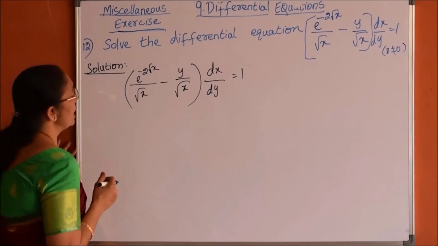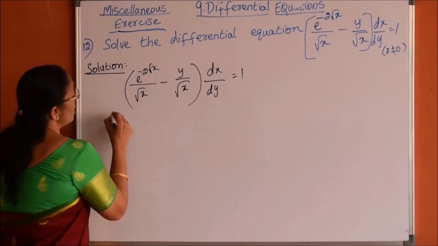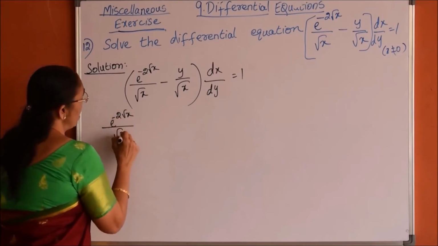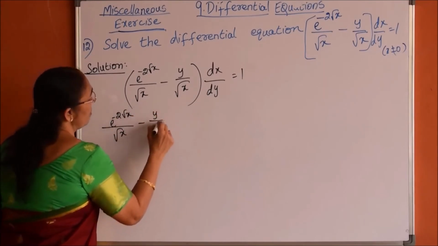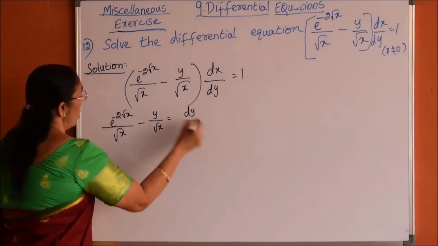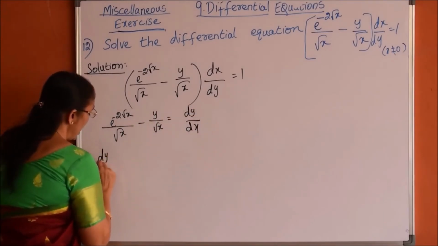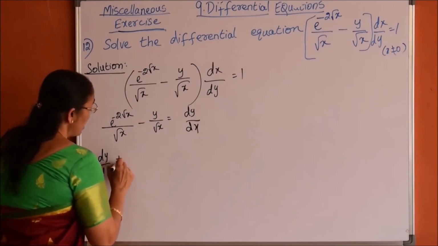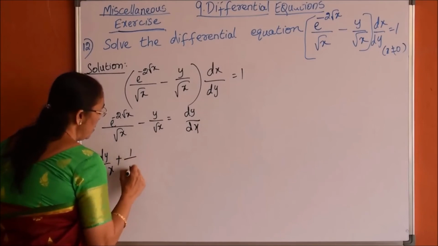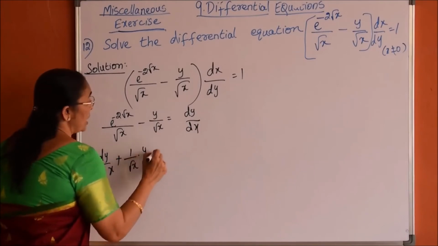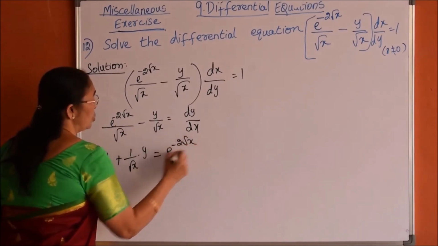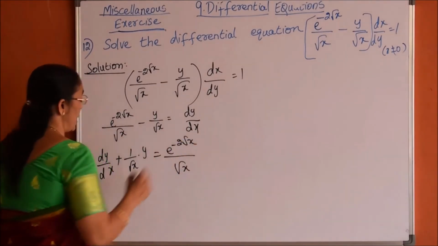So, first let us arrange the equation. e power minus 2 root x divided by root x, minus y by root x, is equal to dy by dx, or dy by dx plus 1 by root x into y is equal to e power minus 2 root x divided by root x.